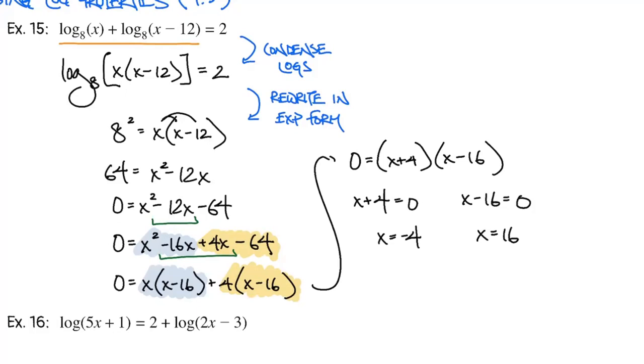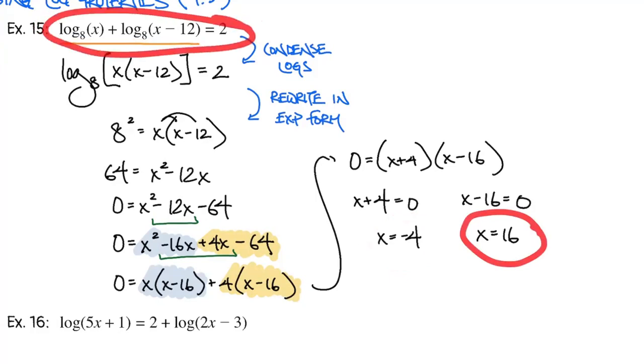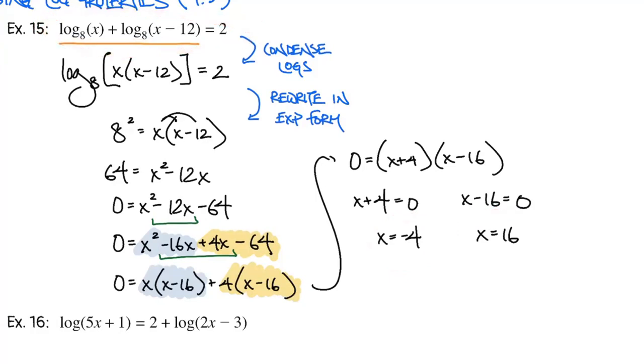Take a moment. Some of you, I'd like you to pick -4 and plug it back into the original and see what you get. And others of you, I'd like you to choose 16. Then you're going to plug that back into the original equation and see what you get. All right.